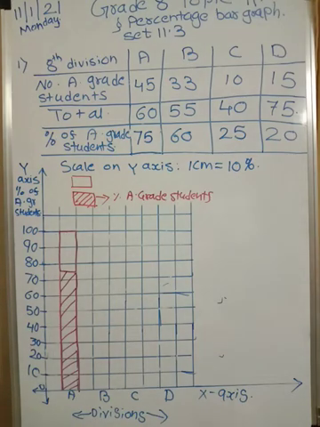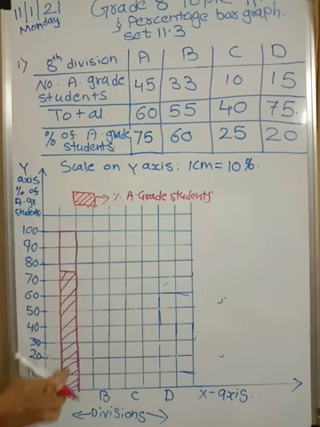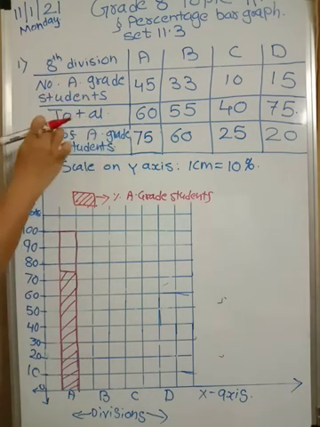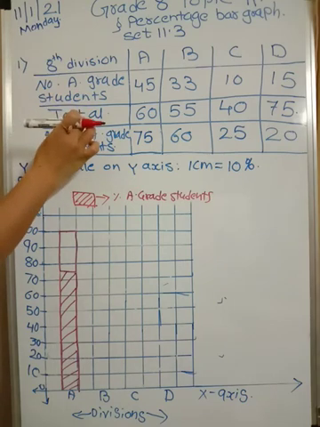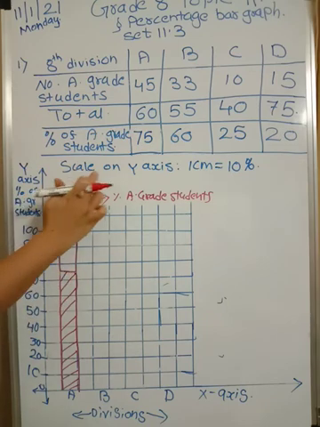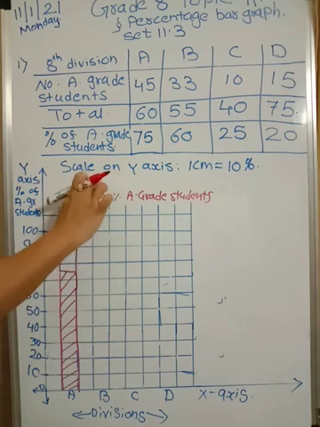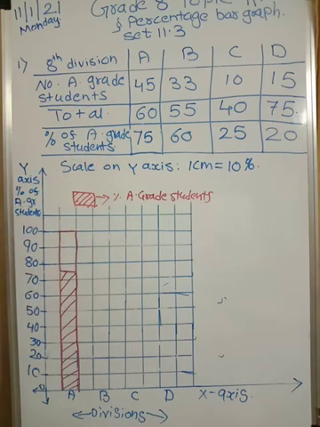Okay, now the question is to show the following information by a percentage bar graph, and they have asked only the number of students securing A grade. So even if you don't show this and show only this, that A grade is from here to here, this much is A grade, that is 75% in A division, that will also do. If one more column would have been there, students not securing A grade, then you should have drawn this also and said this empty space left in the bar is nothing but students not receiving A grade.